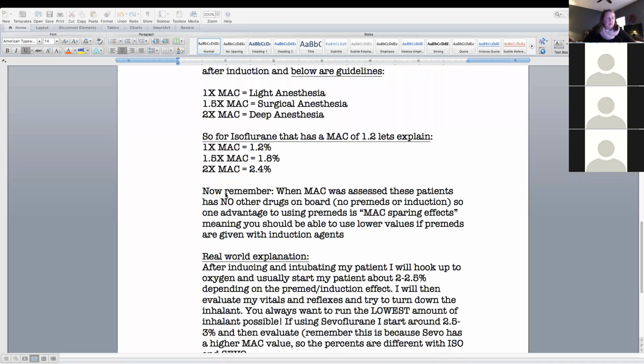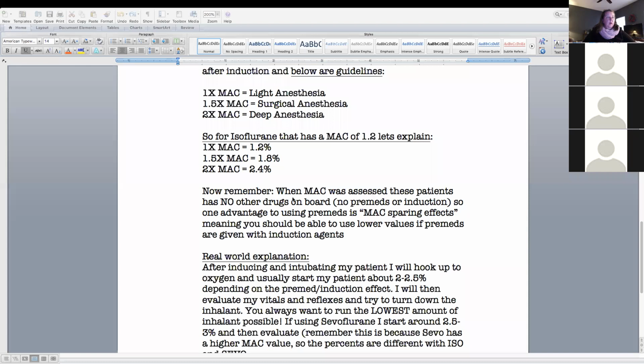So if I have isoflurane, here's my example. Well, 1 times 1.2 is 1.2. This is just simple math. If I want to do surgical anesthesia, 1.5 times 1.2 is 1.8. And then 2 times MAC, which is considered deep, is 2.4.